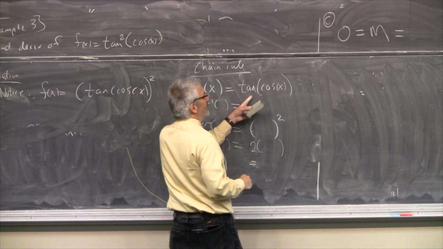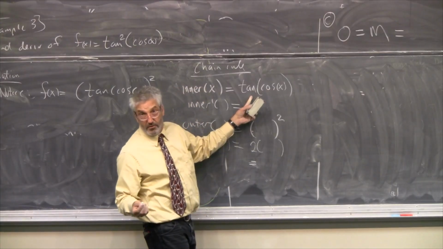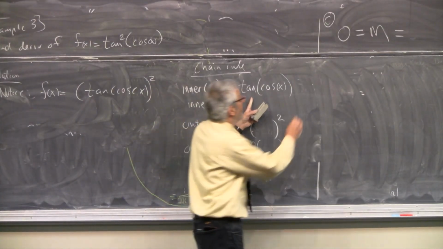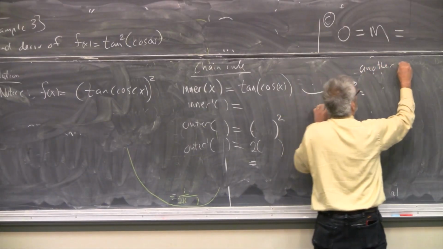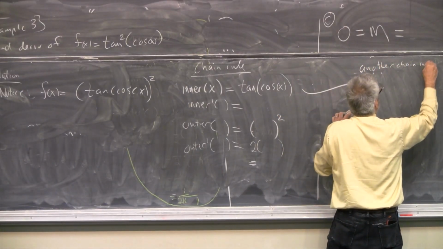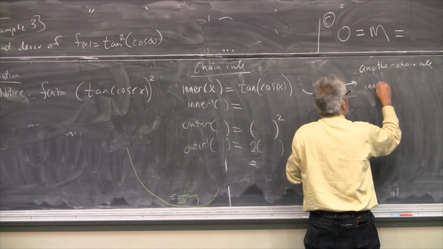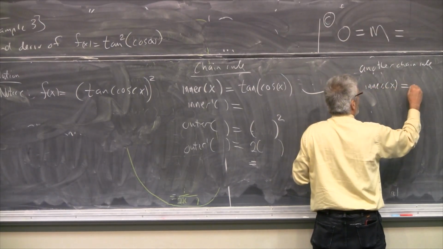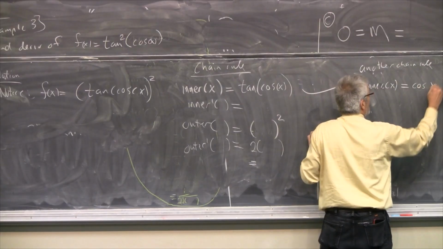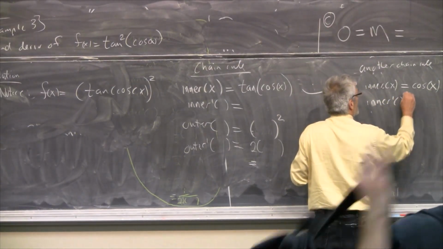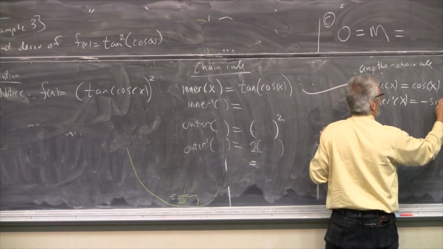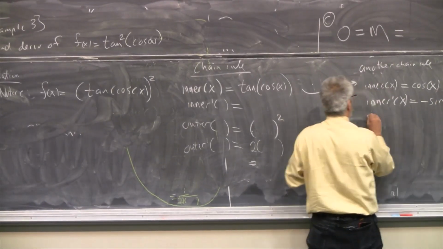So to get the derivative of this, it's another chain rule problem. So my inner function is a function with a variable. So what's my inner prime? Minus sine of x.